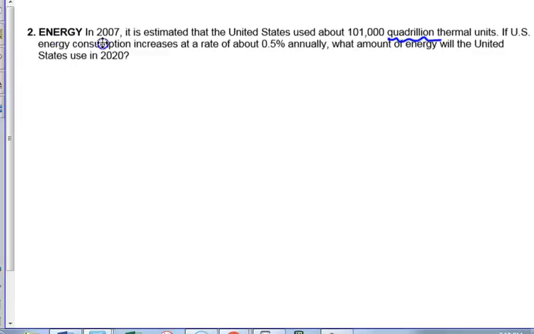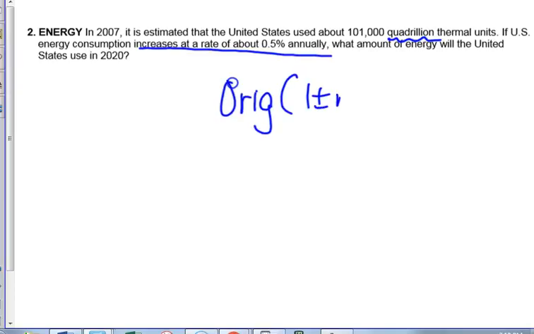If U.S. energy consumption increases at a rate of 0.5% annually, does it say continuous? No. So we're looking at using... Remember this guy? You do have to have these equations.